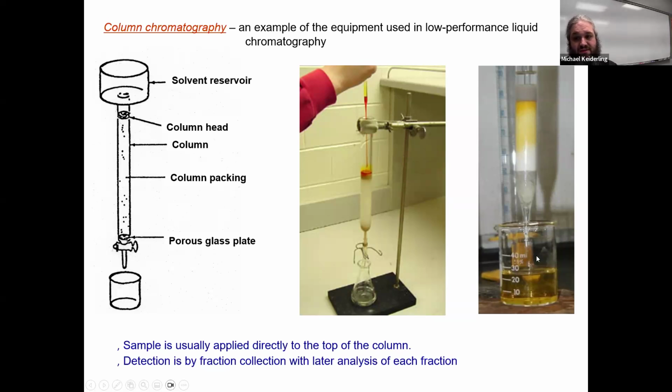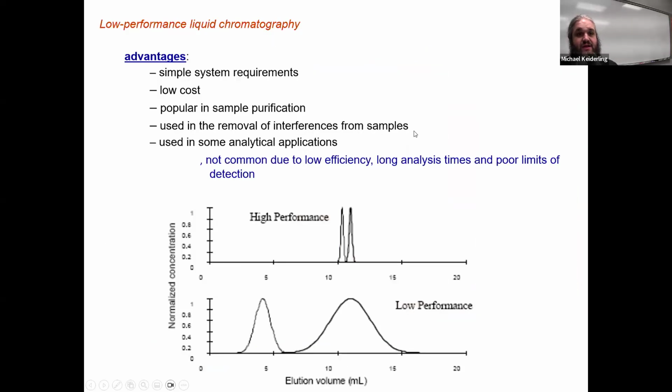So regularly, you fill various beakers with various fractions of the column. And this is good for various reaction work. So the advantages: it's got simple system requirements, it's inexpensive, it's popular in sample purification.